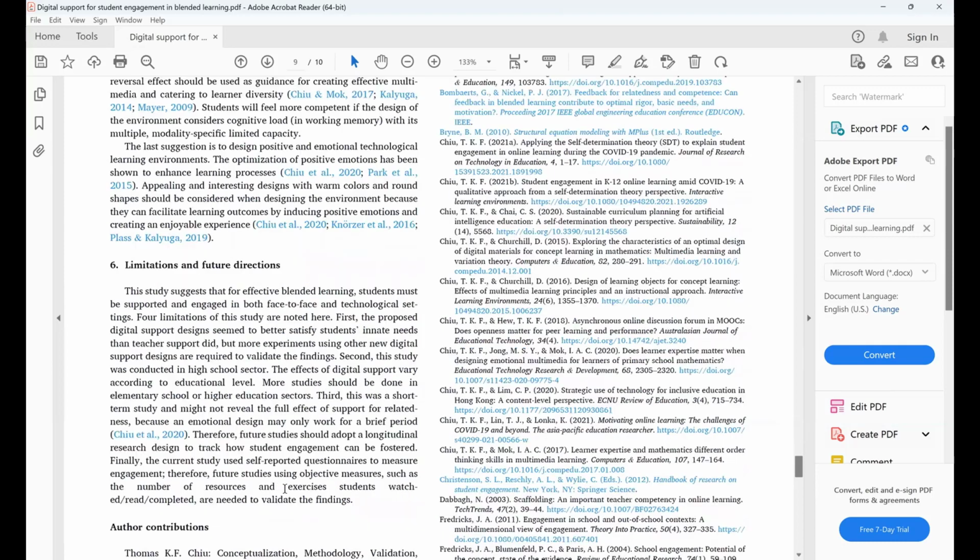Again, for the limitations, there's one thing we have to talk about in this paper: sometimes we have to address the research method that we have. Very similarly, you can see the future study, for example, should adopt a longitudinal study to track student engagement.